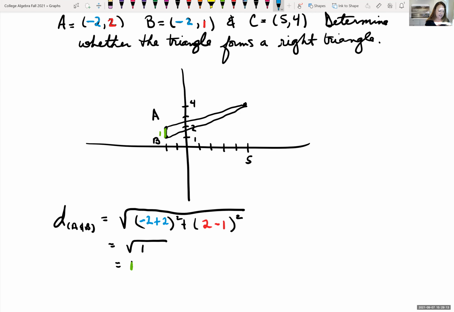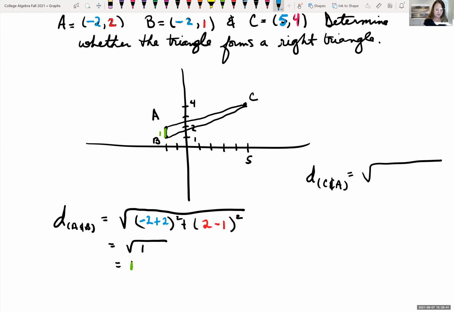Okay, so let's find the distance between C and A. So it's a change in our X value.